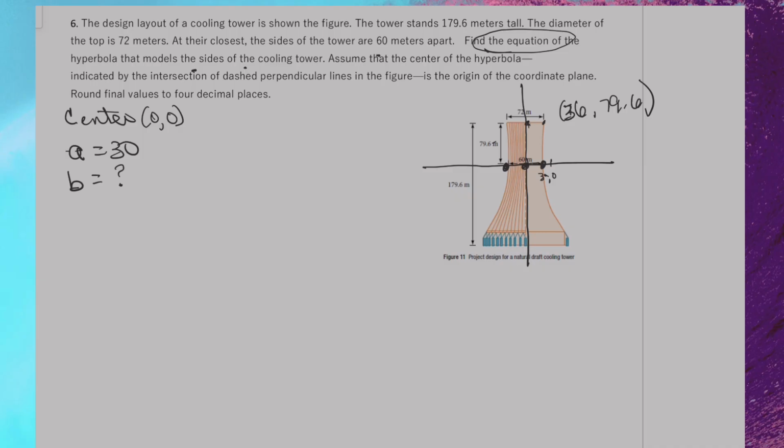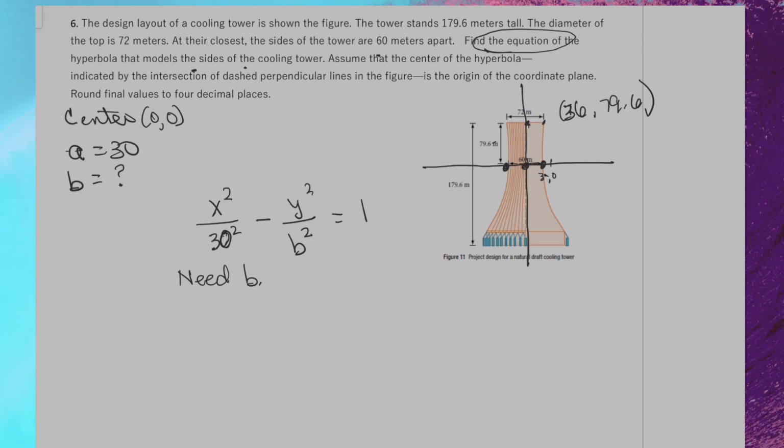Well, it opens right and left, so I know that it's going to be x squared over a squared minus y squared over b squared equals 1. Really, this equation is almost done. I just need b.